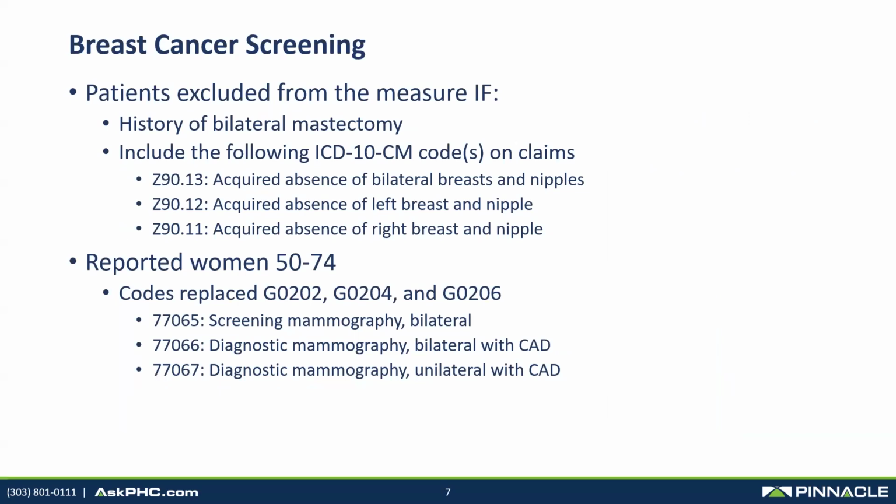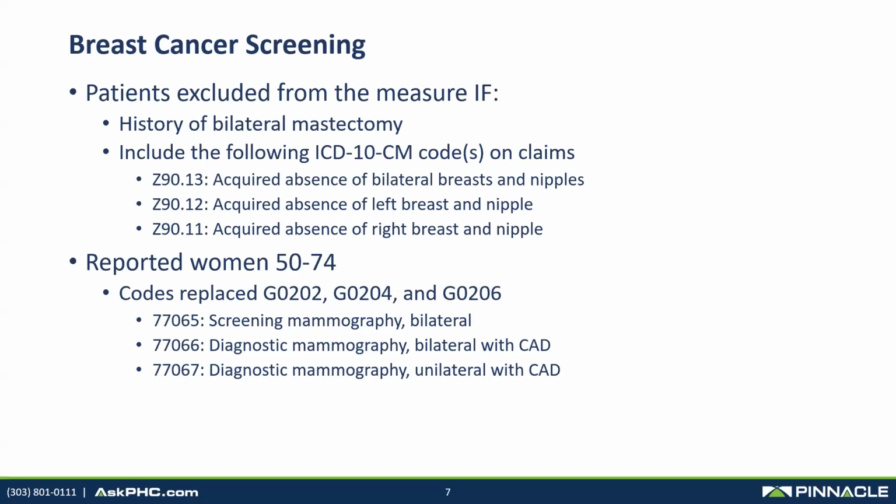Now, when we talk about breast cancer screenings, the patients are going to be excluded from the measure if they have a history of a bilateral mastectomy, or if they had cytology during the measurement year or 2 years prior.